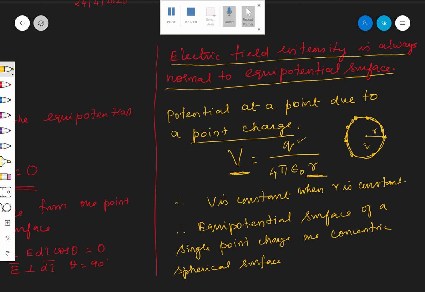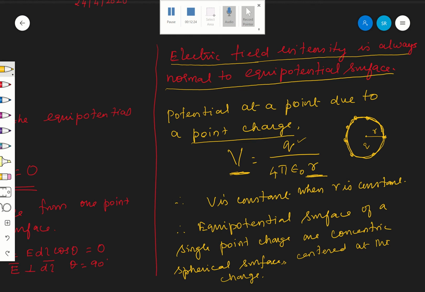That is why the equipotential surfaces of a single point charge are concentric spherical surfaces centered at the source charge. Are you following? So this is about the equipotential surface.